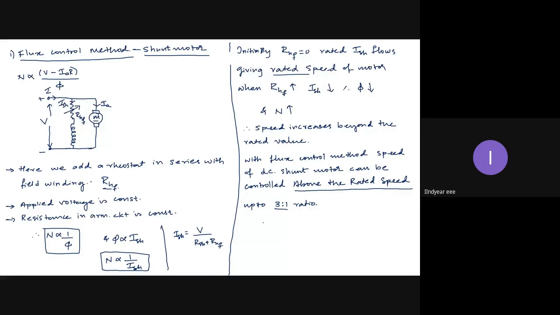So the advantages of this method. But even when we observe the curve, if I draw the speed versus armature current curve, it will almost remain constant.